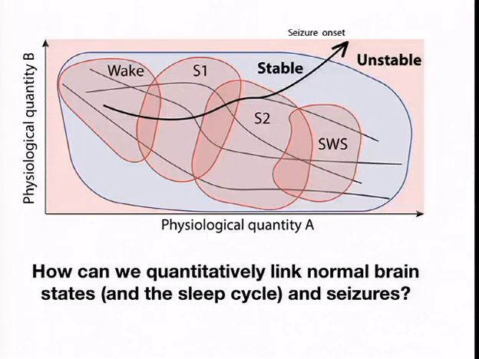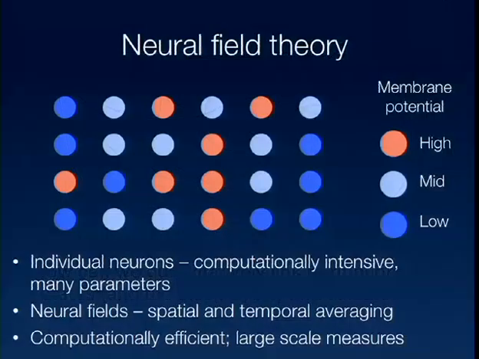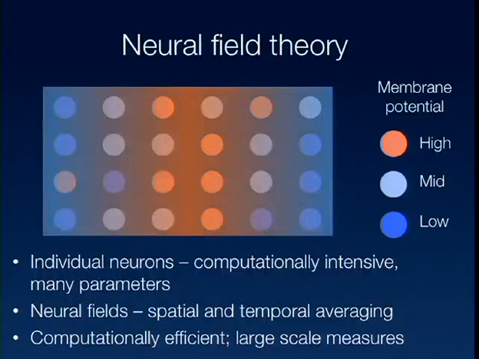So the approach that we've taken is to use a neural field model and then take some of the model's quantities for these hypothetical quantities here, A and B. Many of you are already quite familiar with neural field theory, the broad idea being that instead of simulating individual neurons, we're going to simulate continuous fields that translate the properties of the individual neurons onto larger spatial and temporal scales. And this approach is particularly powerful when we're interested in looking at measurements of neural activity that intrinsically average over very large numbers of neurons, so in particular EEG.